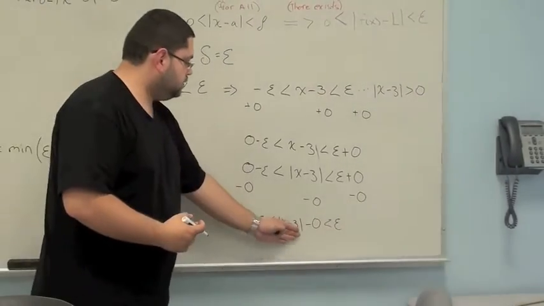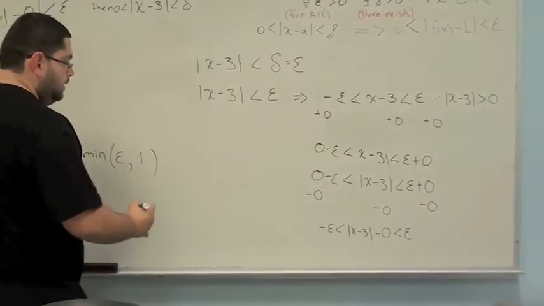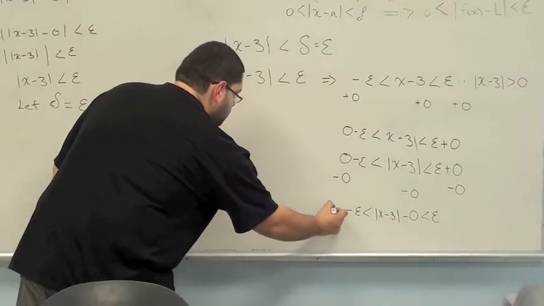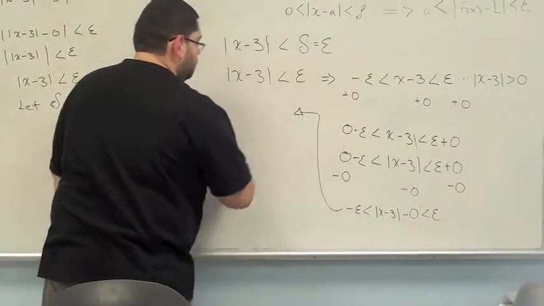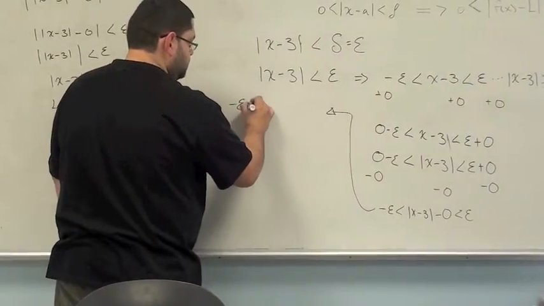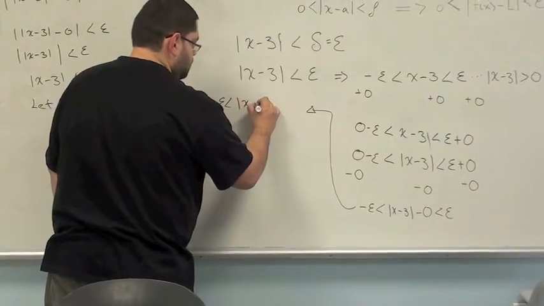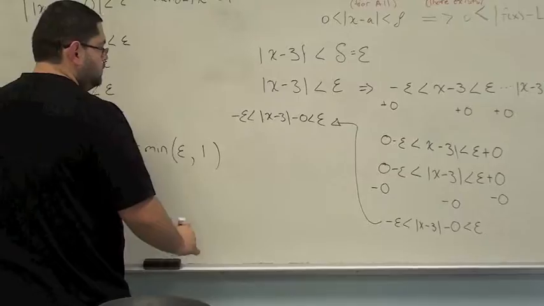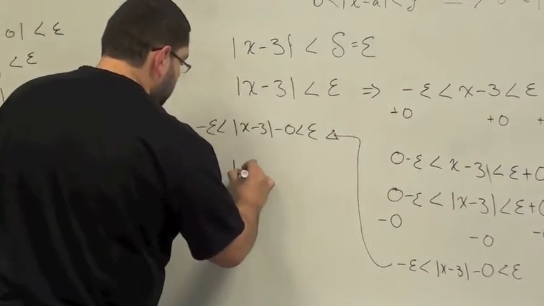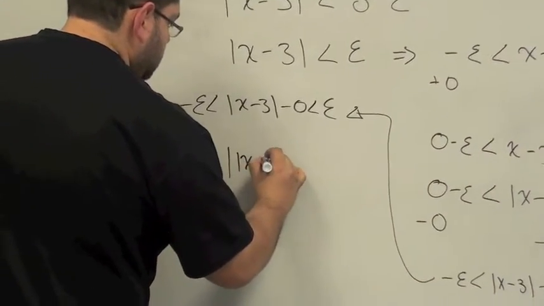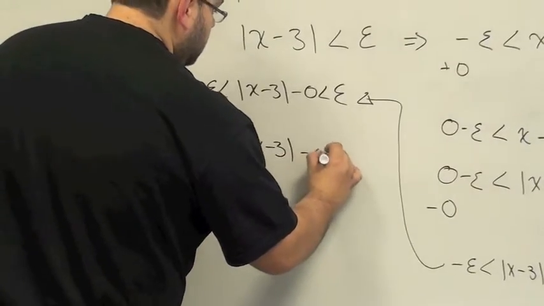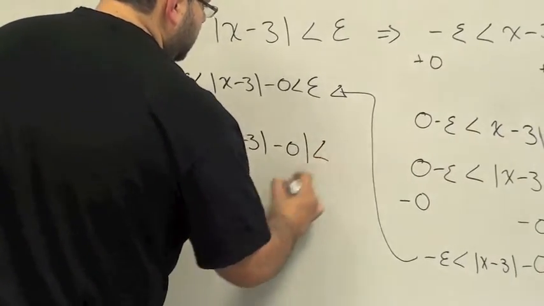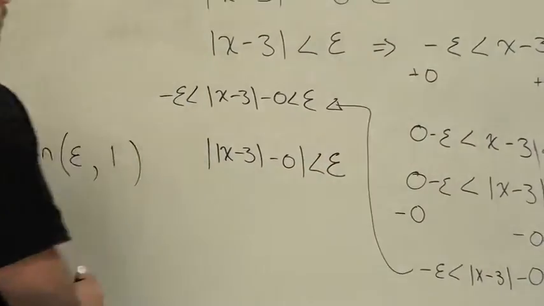So using this, we can say that this is the absolute value of x minus 3 minus 0 less than epsilon.